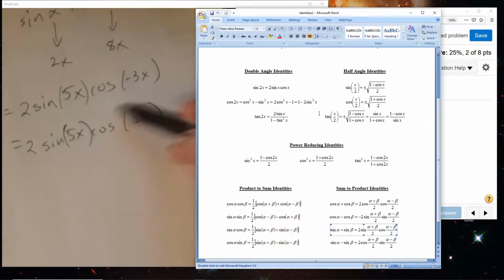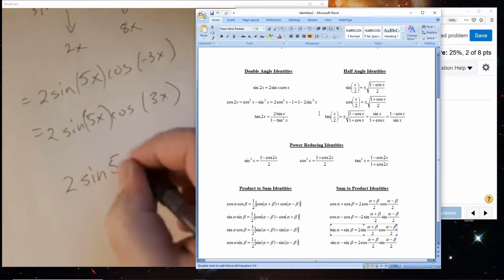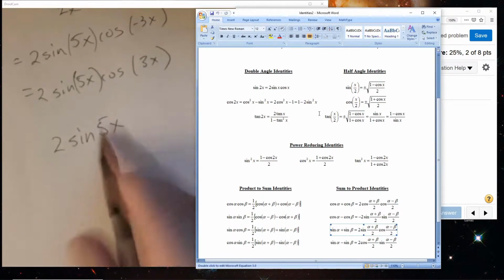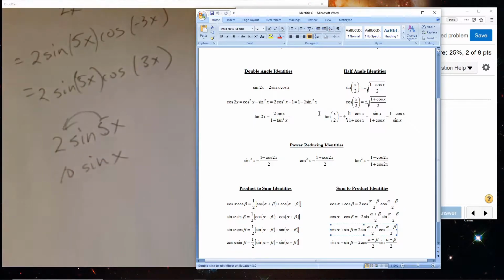And another good reason to make sure that you use parentheses, unless you're really confident about your handwriting, is, sometimes people think you can take this 5 and multiply by that 2. And that happens sometimes. People do that.